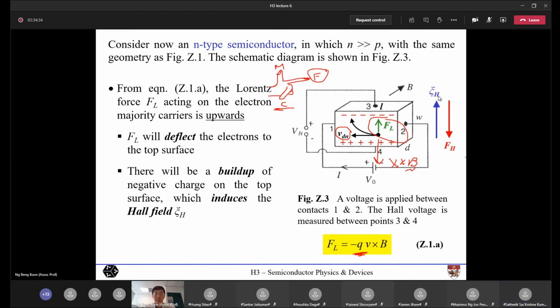So if you point your index finger into the screen and your third finger from left to right, then the thumb is pointing upwards. That's the force that the charge will experience. So whether it's hole or electron, they will experience the same motion, the force that pushes it up, which will result in different charge at the top.